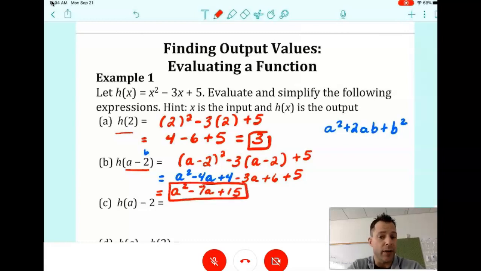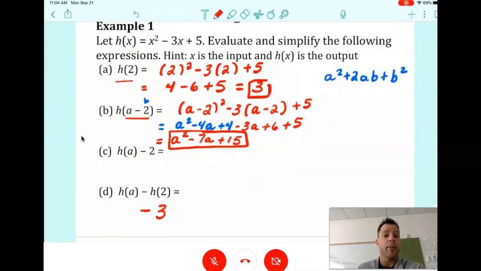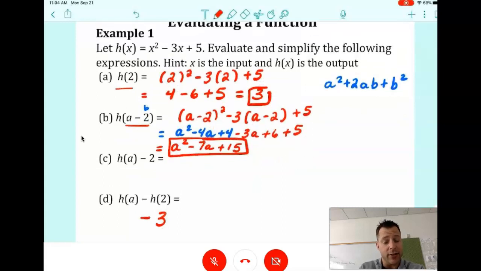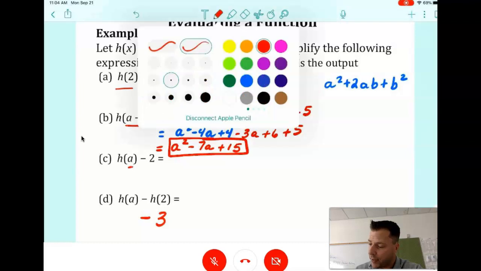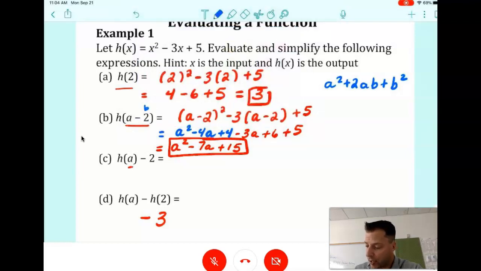That's the toughest one. Number 3 looks similar. It says h of a minus 2. Notice how this time the 2 is not included in the argument. The only argument there is a. So we're just replacing the x's with a's, and that's it. So instead of x squared, I'm going to have a squared minus 3 times x, which is now just 3a, plus 5.